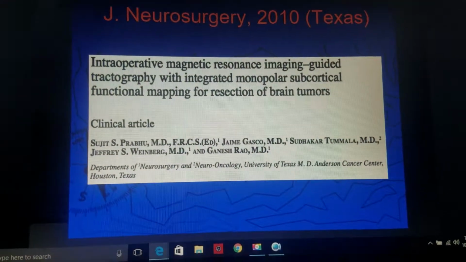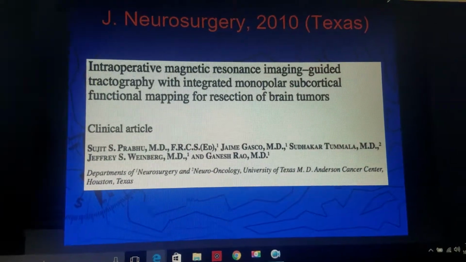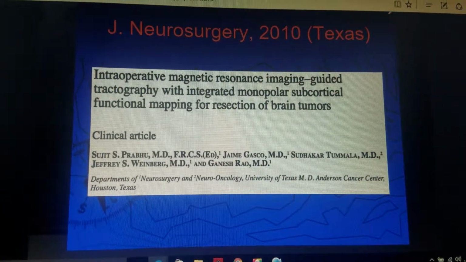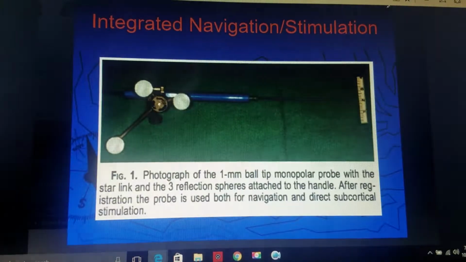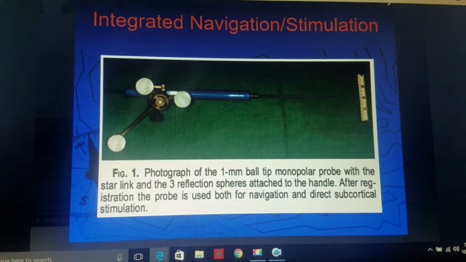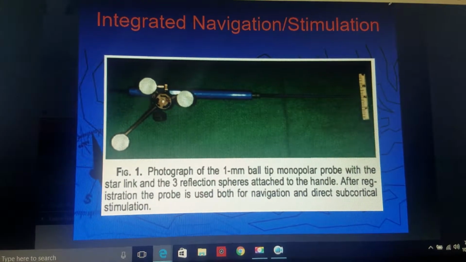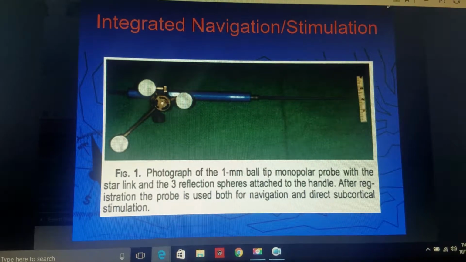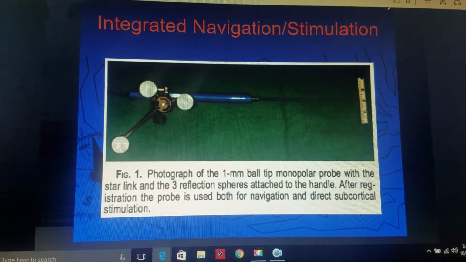But they used yet another method, integrated functional mapping with navigation. And when I saw this slide, I went, oh, why didn't I think of that? So here is a 1 millimeter ball tip probe, and they've just got the reflective spheres of the neuronavigation attached to the handle, and they register it.